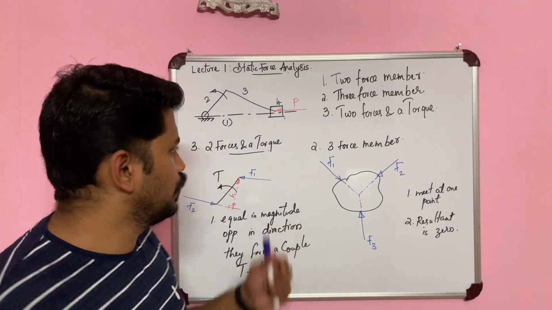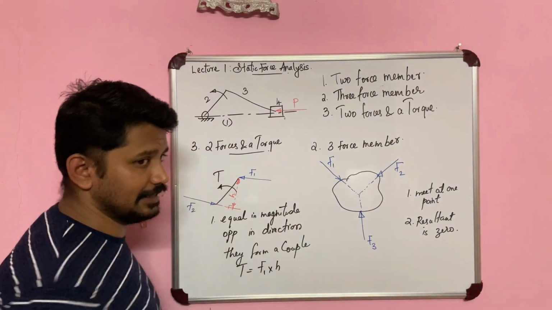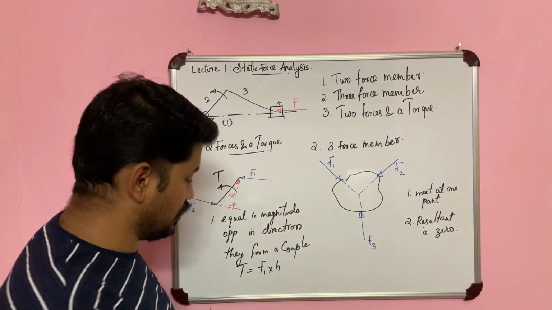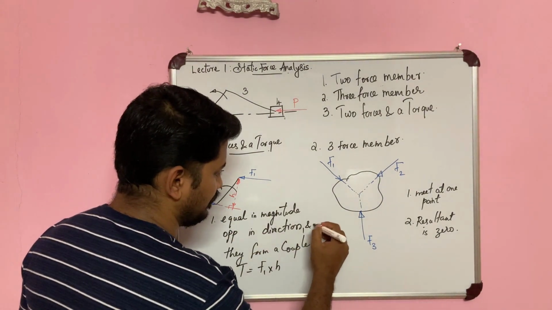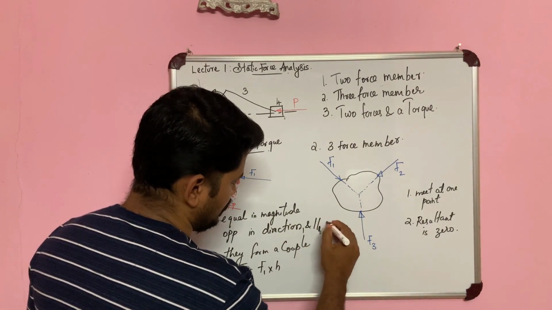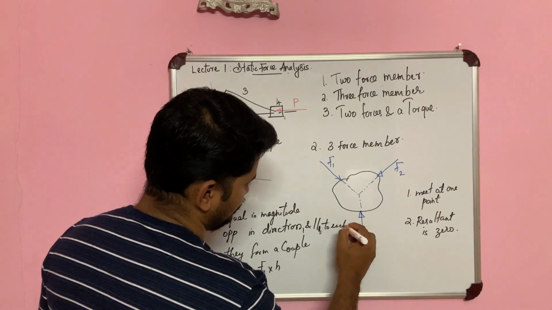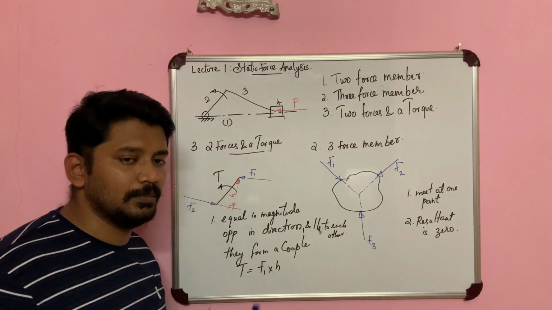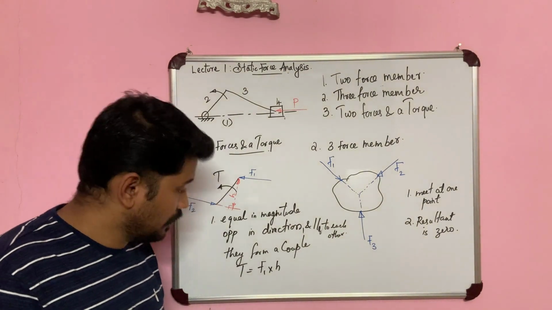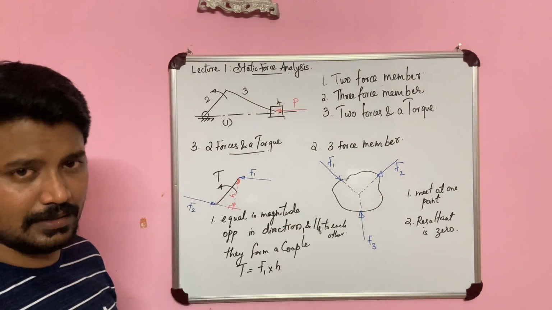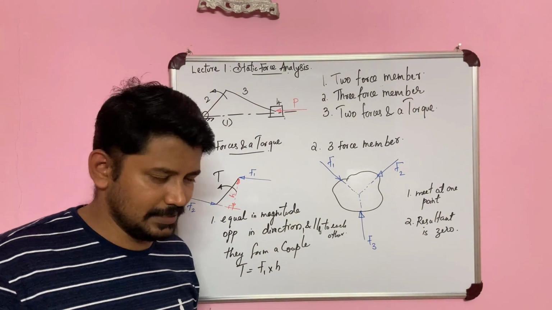So that is what we are doing. These two parallel lines are equal in magnitude, opposite in direction, and parallel to each other, and they form a couple. So this is the first basic fundamental that we have to remember.